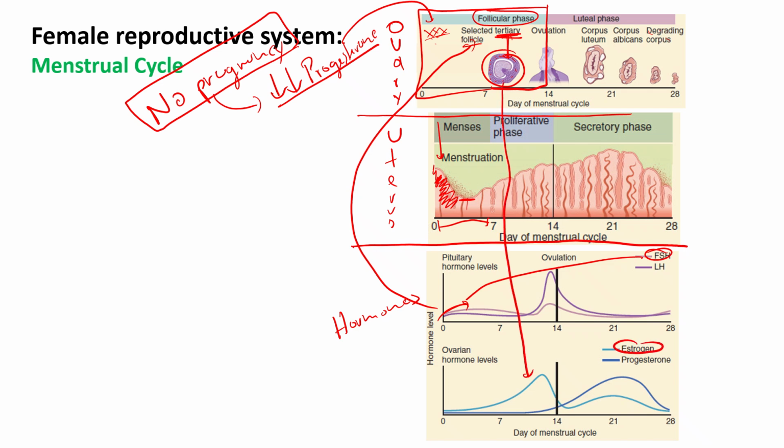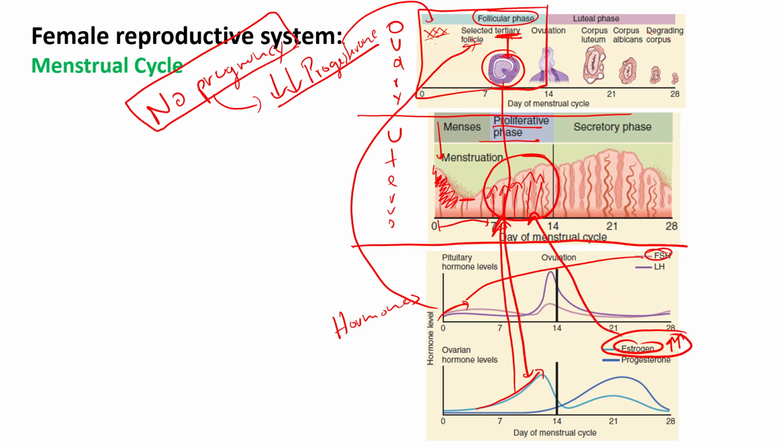As you can see here, the estrogen levels start rising, and that increase in estrogen is what in the uterus we know as the proliferative phase. The presence of estrogen stimulates the growth of the endometrium.